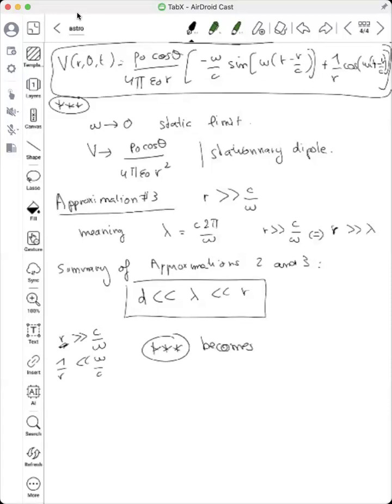So these 3 asterisks are the expression of the potential, okay? So this will become what? V r theta t is going to be equal to minus P0 omega over 4 pi epsilon 0 C cosinus theta over.